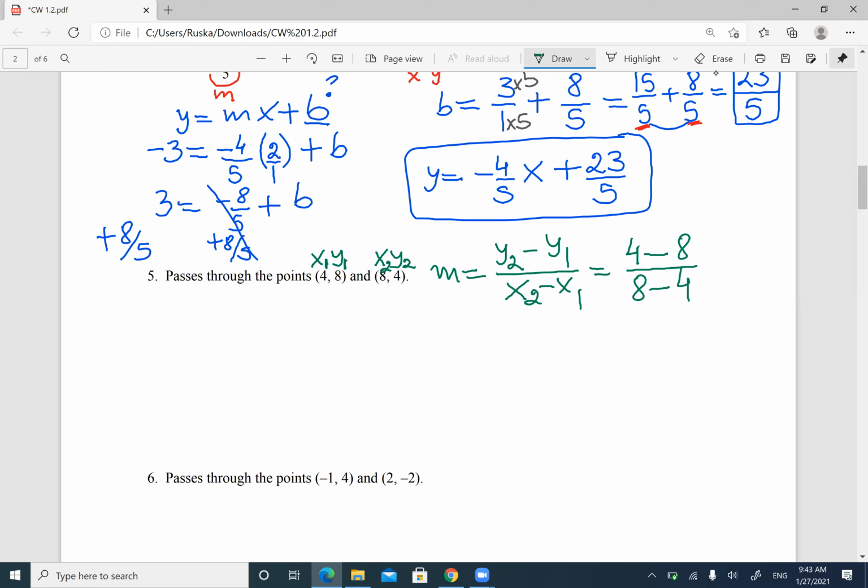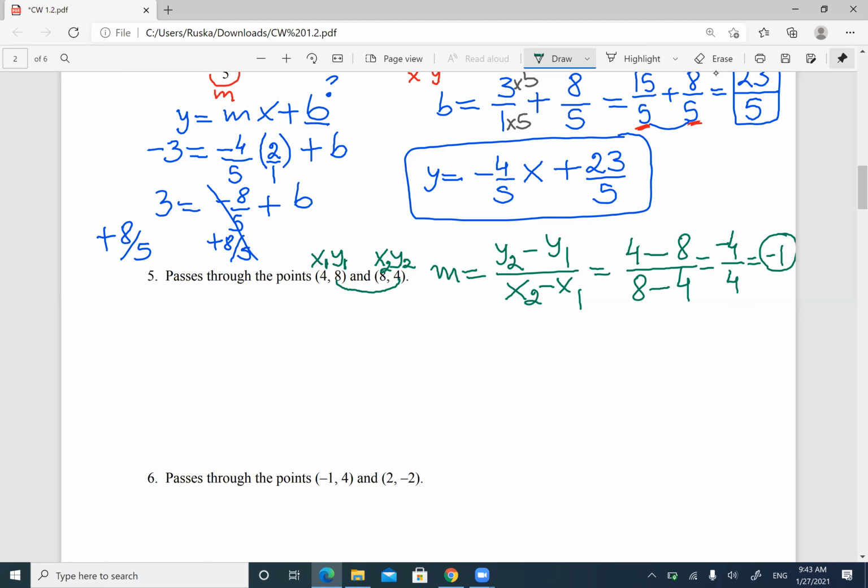So you subtract the y's, these two, and then you subtract the x's in the bottom. And then you're going to simplify. So what is 4 minus 8? That's negative 4. And 8 minus 4 is 4. So when you divide those two, you're going to get negative 1. So we have the slope is negative 1.